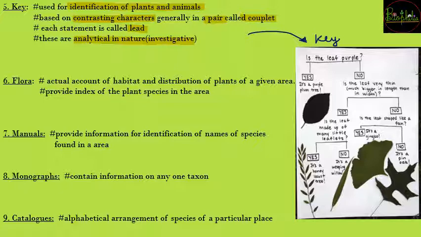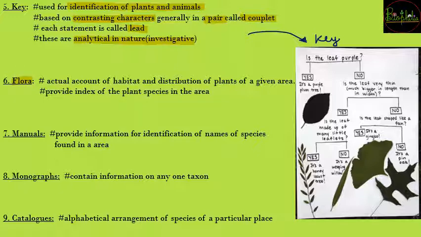If you get the answer no, then you would have again options opening up, then keep giving the answer, then finally you would reach a conclusive result. ऐसे procedure करते जाओ, that is yes or no, that is contrasting characters, then you would lead to the identification of that specimen.